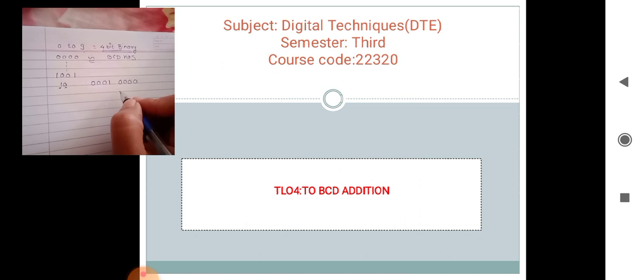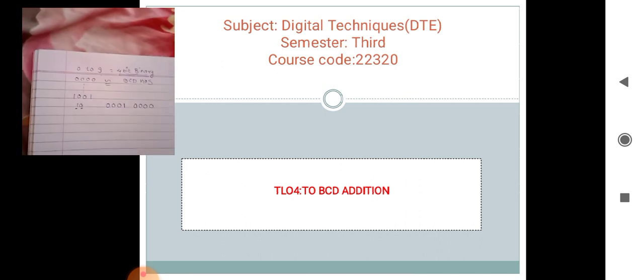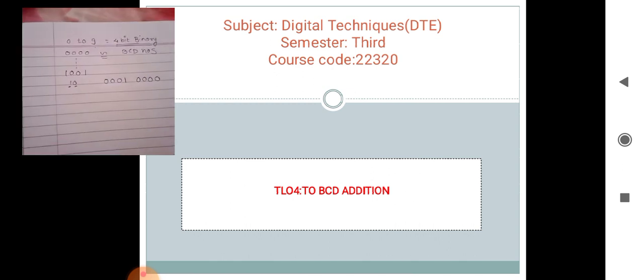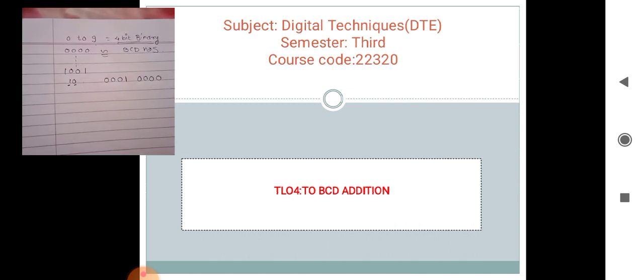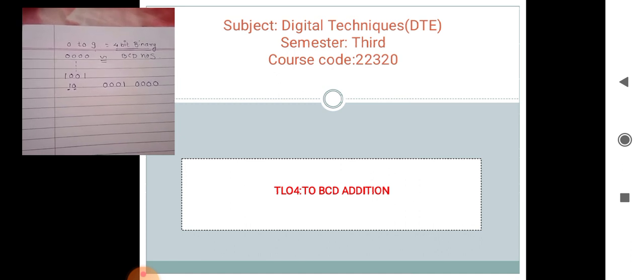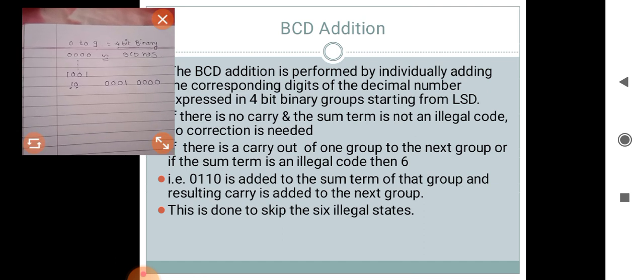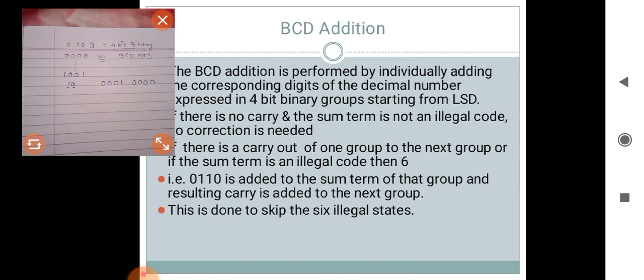Now we'll see how to do the BCD addition in today's lecture. There are also some rules, like for one's complement and two's complement. What are those rules? We'll see in our slide. These are the rules you can see on your screen.